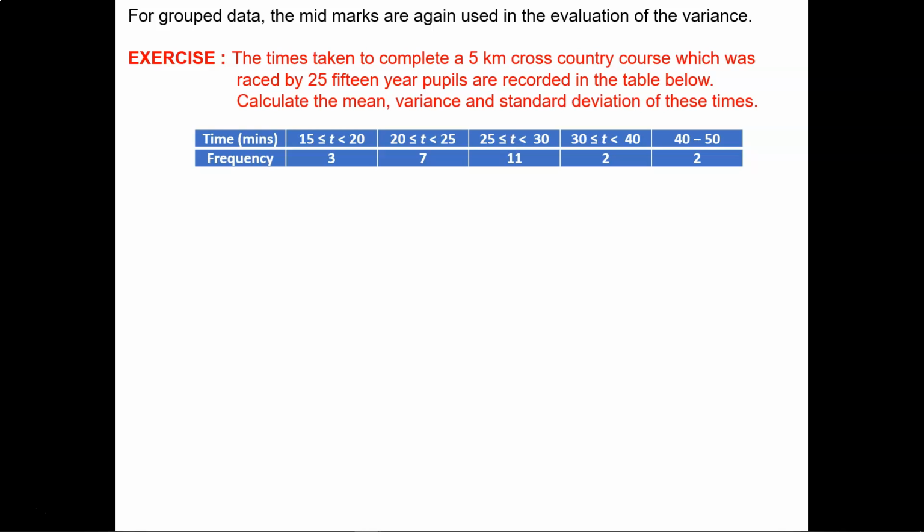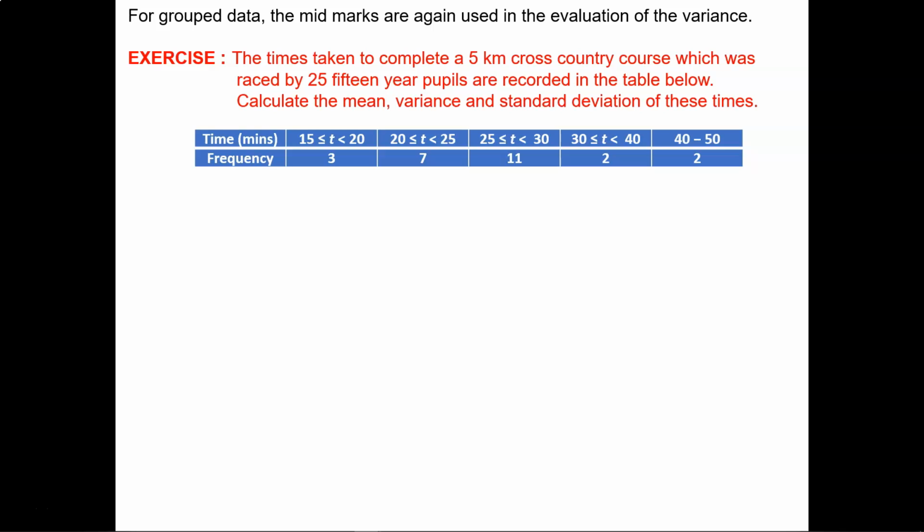For group data we use the mid-mark to find the mean, and we again use the mid-mark when we're calculating the variance and the standard deviation for a set of data. So what I'd like you to do at this stage is just pause the video and use your calculator to calculate the mean, variance and standard deviations of the times taken by these 25 pupils to complete a 5-kilometre cross-country course.